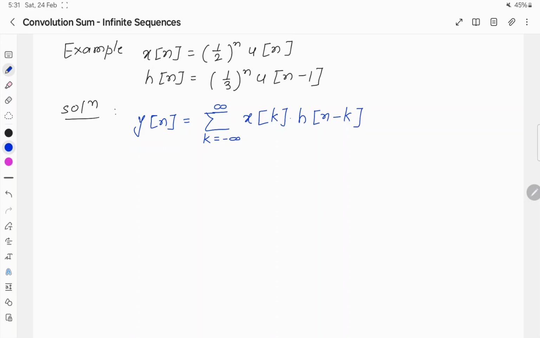So in this approach, from the given equations, we need to find x of k and h of n minus k. So let us see how to solve this example.